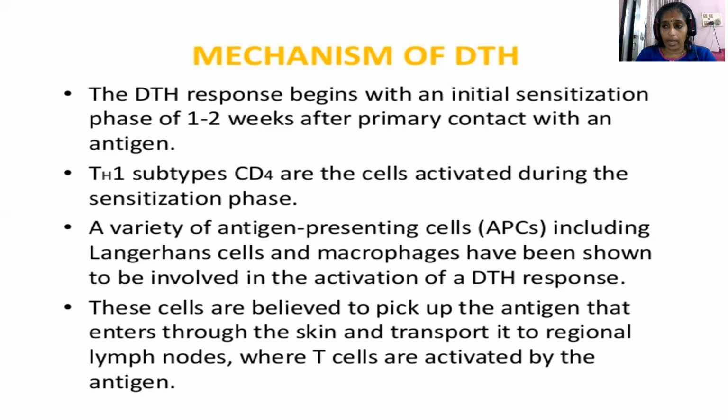Langerhans cells are dendritic cells present on the skin. They pick up antigens entering the skin and transport them to the regional lymph node, where T cells are activated by the antigen. The antigen presenting cell presents the antigen to the T cells in the lymph node and activates them.